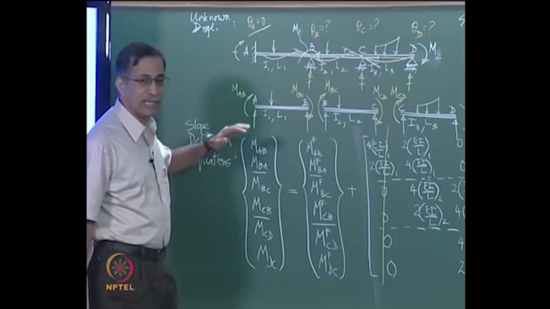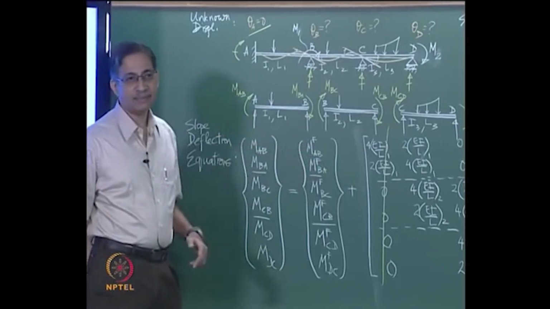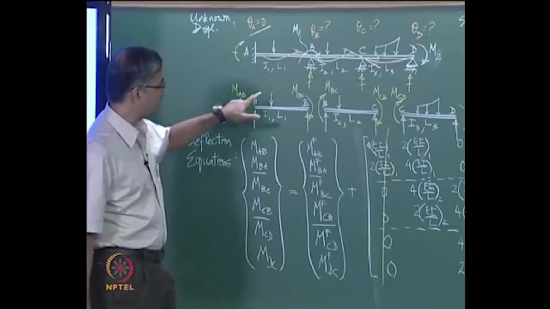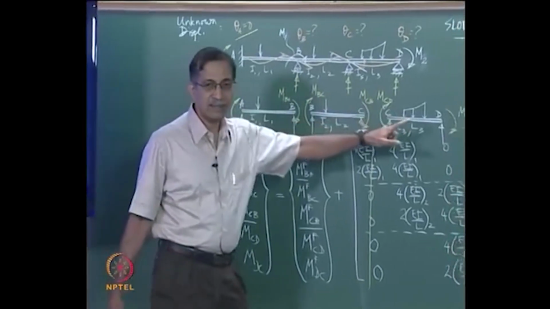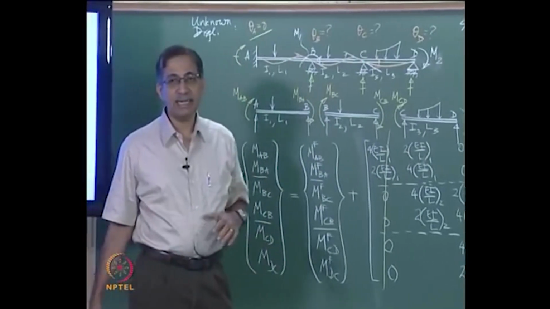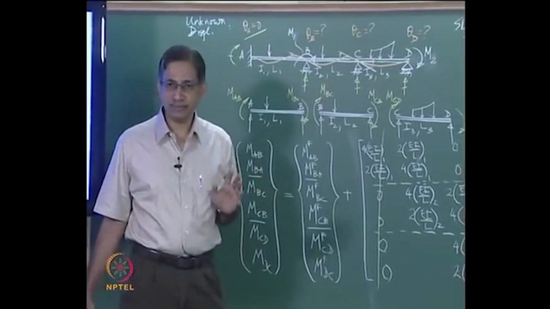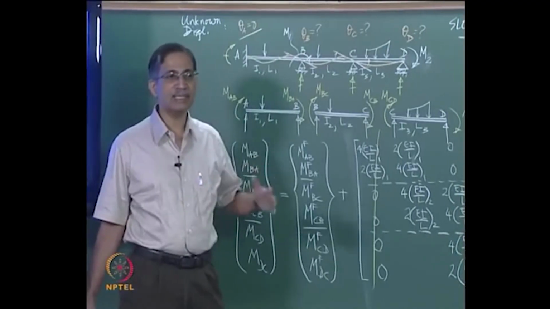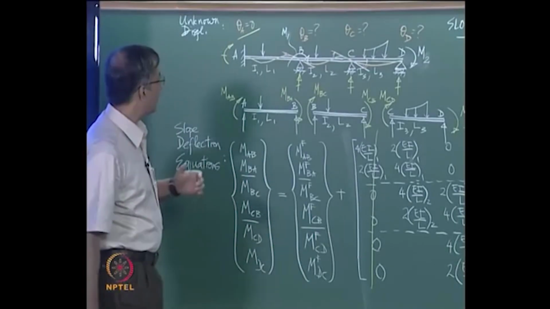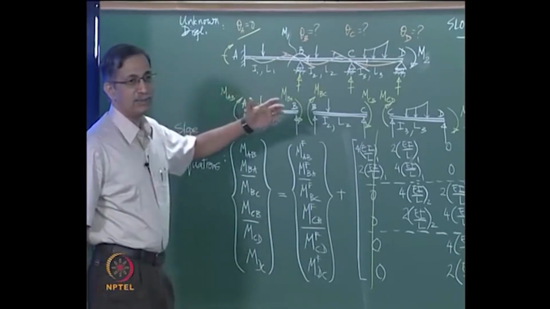Now, in the displacement method of analysis, we try to get to know these moments by relating them to displacements. That is why it is called a displacement method. Now, what are the unknown displacements?